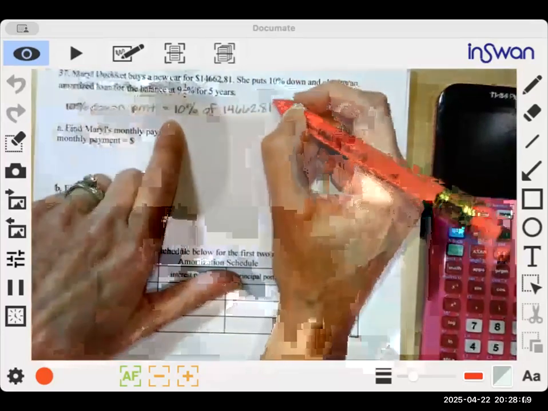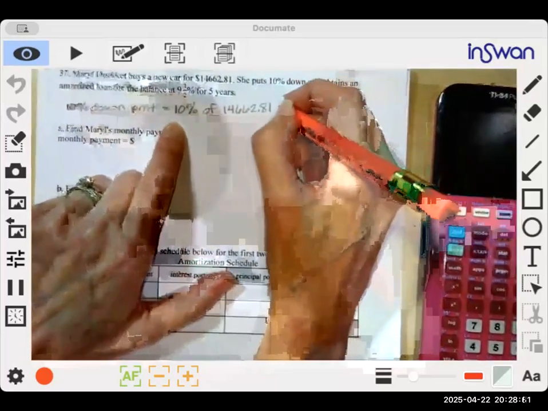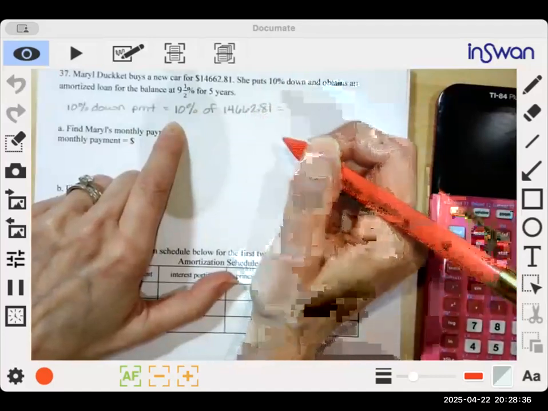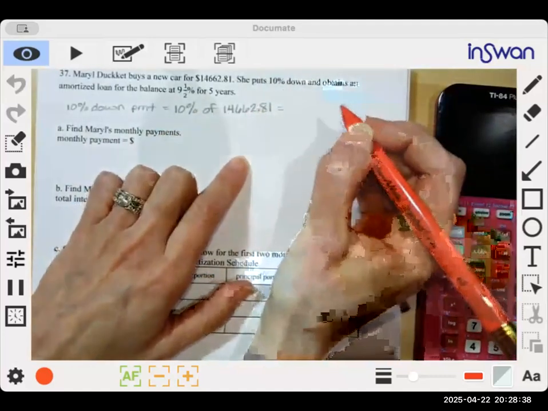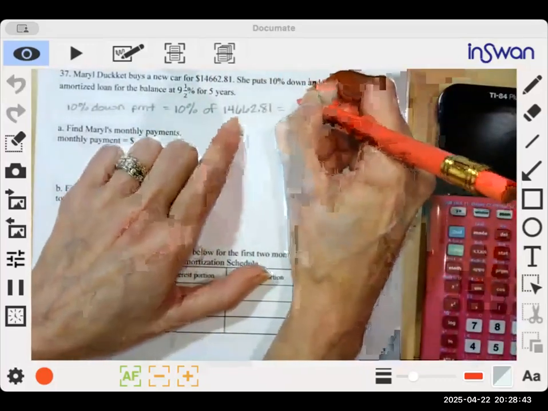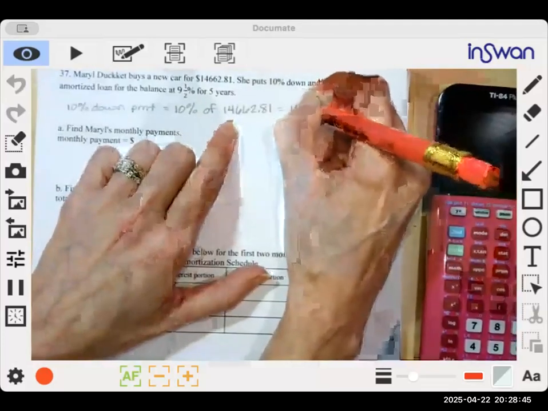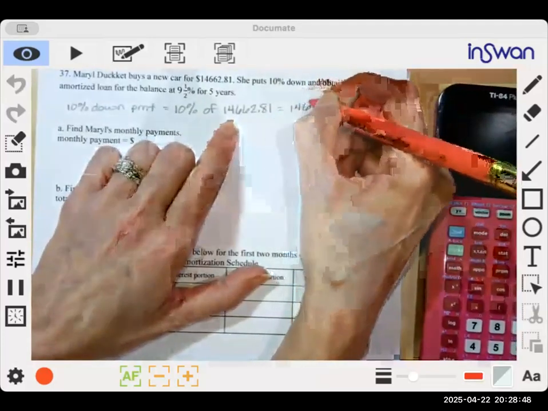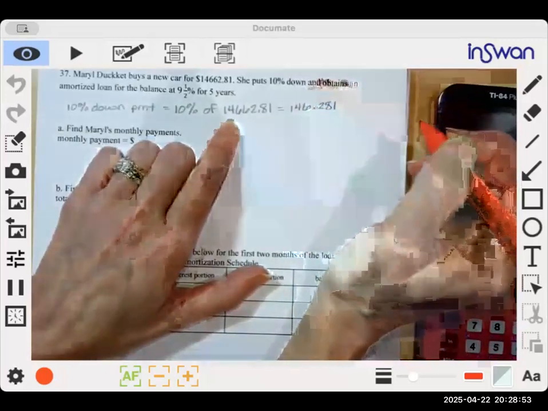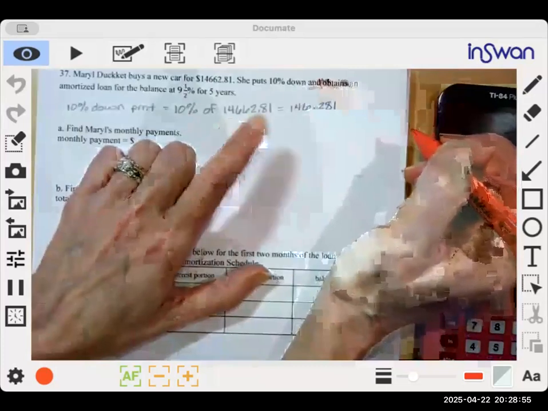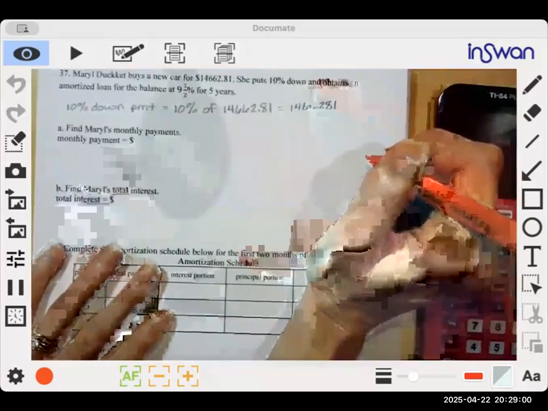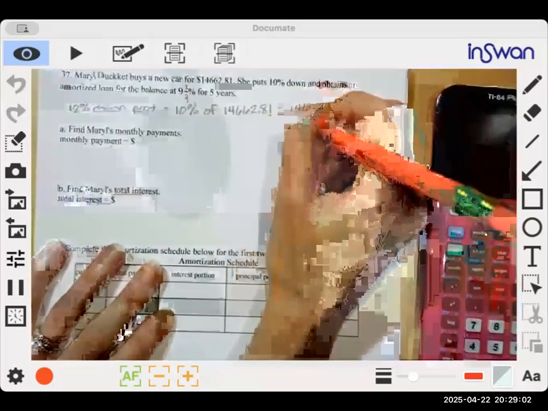So it's this times 0.1, which is basically just moving our decimal point over. So it's going to be 146.281. Just moving the decimal point over.